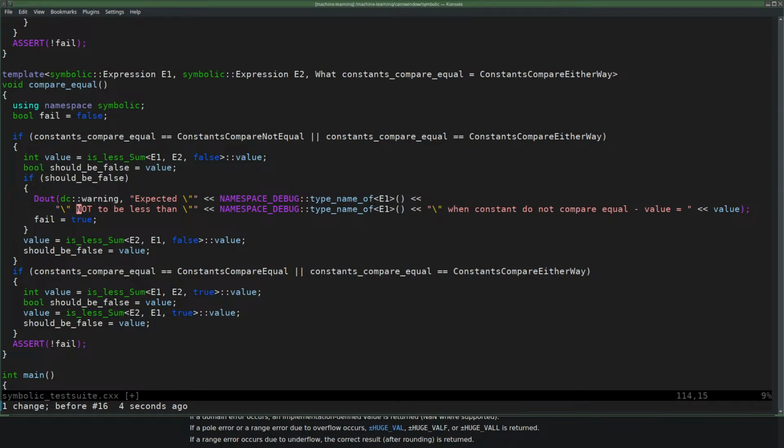Expected E1 not to be less than E2. And constants do not compare equal.